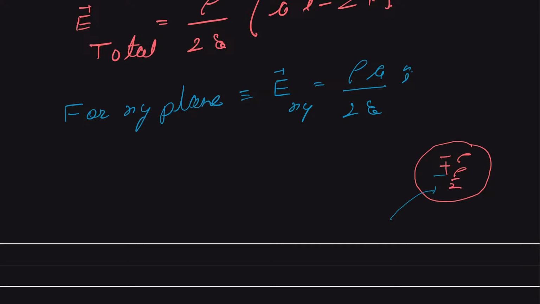The rest of the solution is quite simple. Always remember, whenever we are removing, because it is removed from the cylinder, and the cylinder was having plus rho as its charge density, the cavity we consider as a negative of that charge density, and we added a material of minus rho upon 2. Therefore the net charge density of the cavity which is filled by the material will be equal to minus 3 rho by 2. The rest of the solution is the same. That is not going to change.